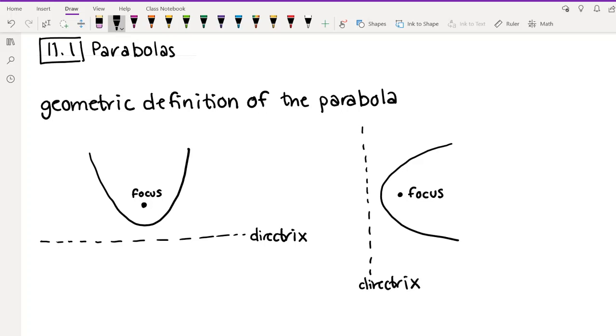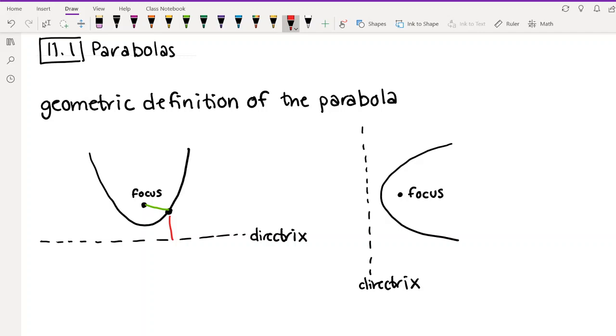So basically for a parabola, if you choose any point that lies on the parabola, so say I pick a point here, the distance from the point on the parabola to the focus, and the distance from the point on the parabola to the directrix, so the green distance and the red distance, are the same. I said something about adding them up, but I misspoke.